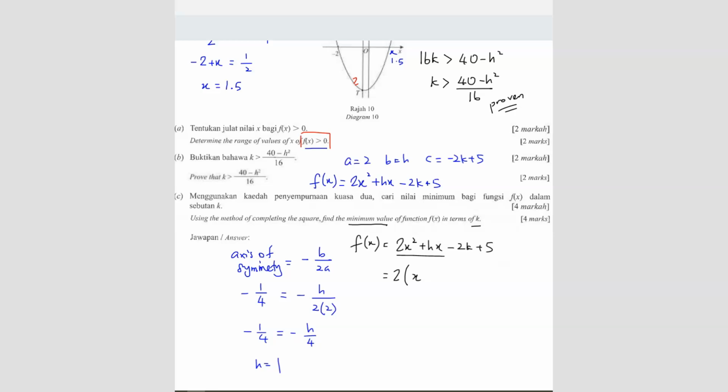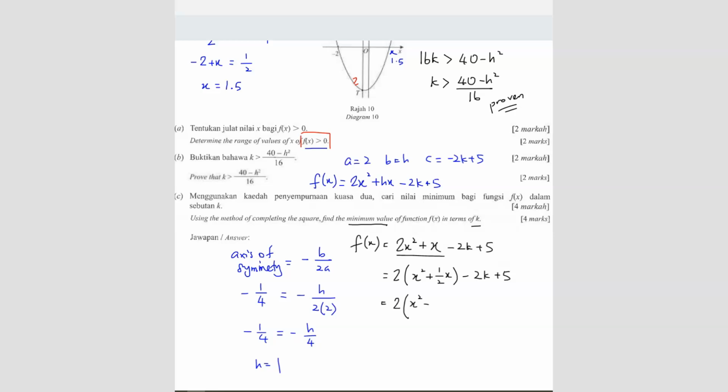So I get x² plus, by the way, the h is already 1, so no h there, just plus x. So plus 1 over 2 x, minus 2k plus 5. Once I factorize, then I can do completing the square.